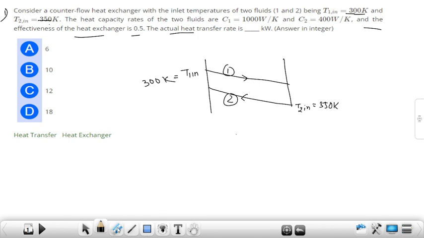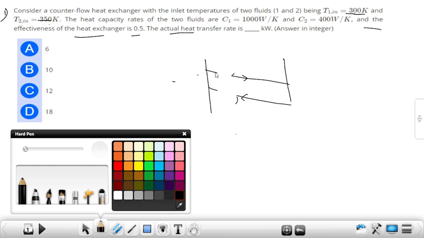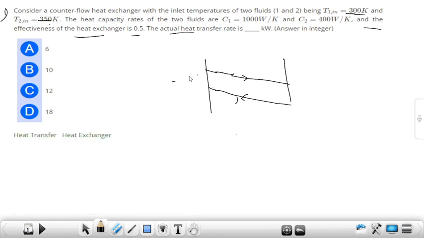Let us interchange, because temperature T2 is higher, so this is T2 in and this is T1 in.